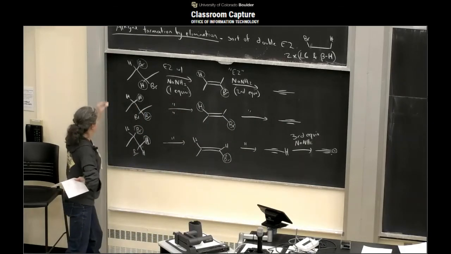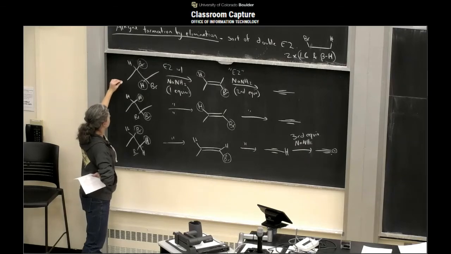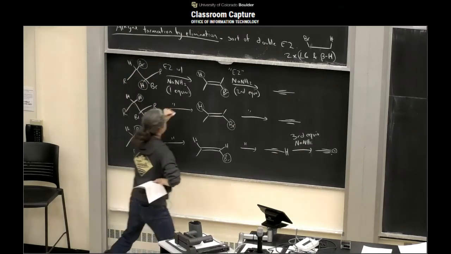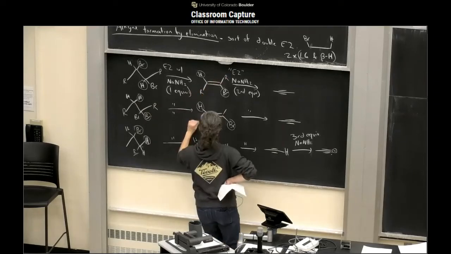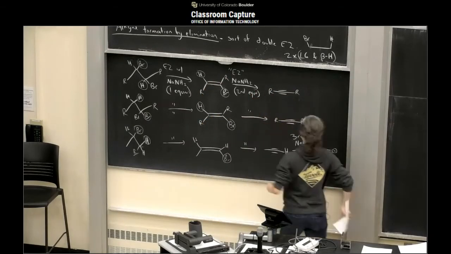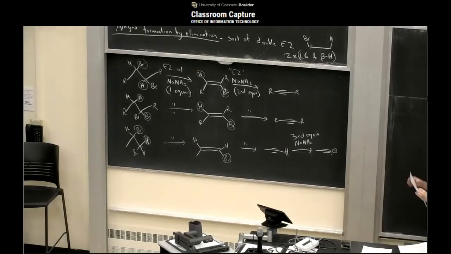So really, I might have to go through and update the notes. For now, I'm just going to go in and write a bunch of R's sneakily at the ends of these bonds so that we don't have to worry about terminal alkynes becoming an issue.